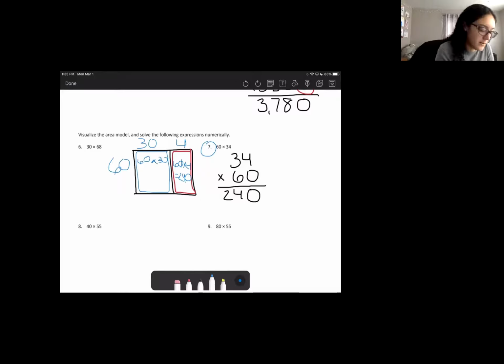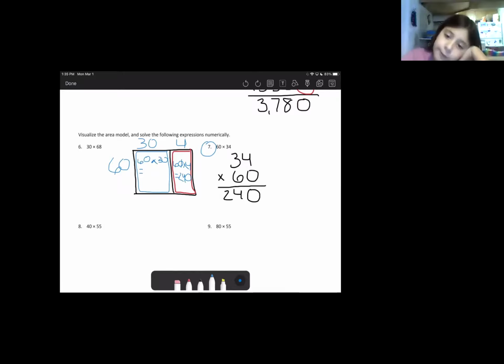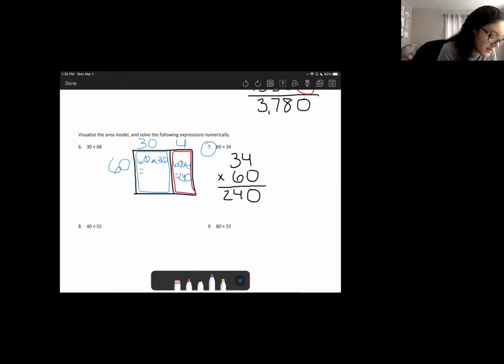And then Bella, what's 60 times 30? 1,800. Right, so I can cross off my zeros and add them to my answer. And Bella knows 6 times 3 is 18. Now I can write that in my vertical problem over here.